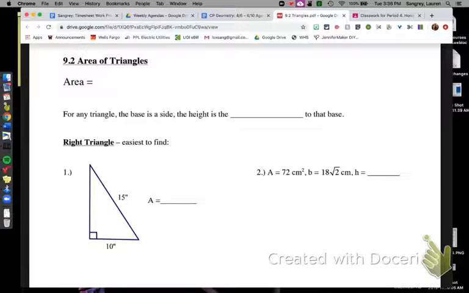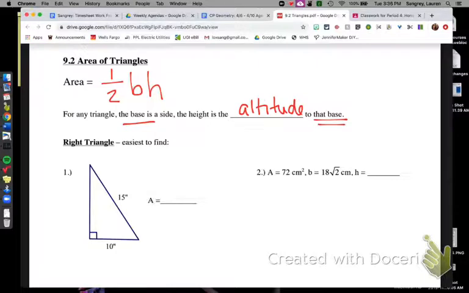You might remember this formula already, but this formula is 1/2 base times height. For any triangle, the base is one of the sides, and the height is the altitude to that base.